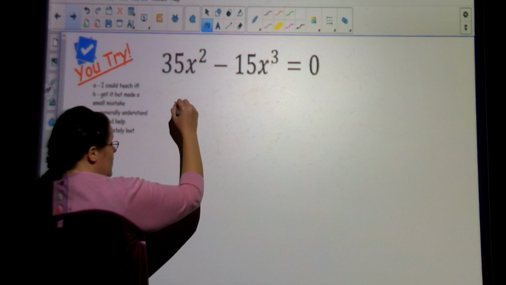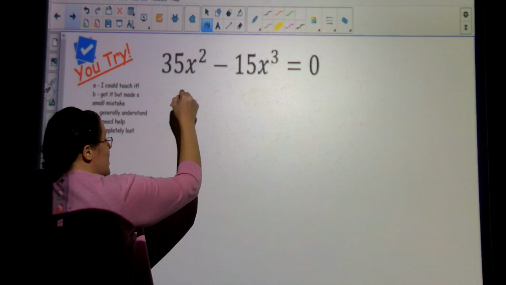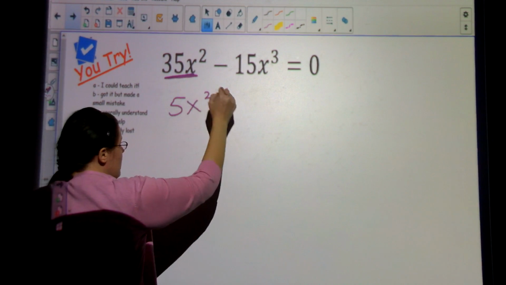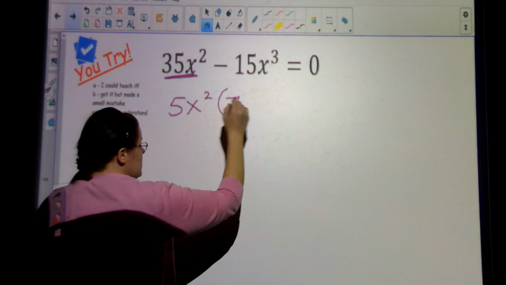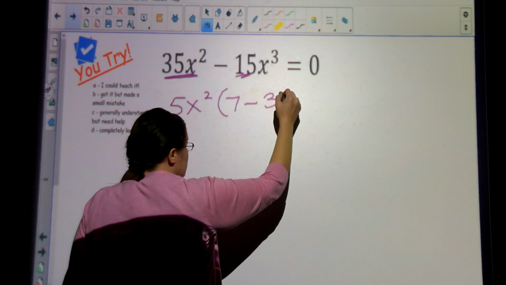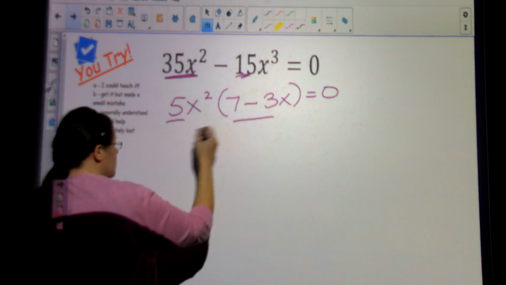Okay, I can pull out a 5 and an x squared. So when I do that, 35 divided by 5 is 7. I took both the x's. 15 divided by 5 is 3. I took 2 of the x's, so I still have 1 left. Now set each term equal to 0.